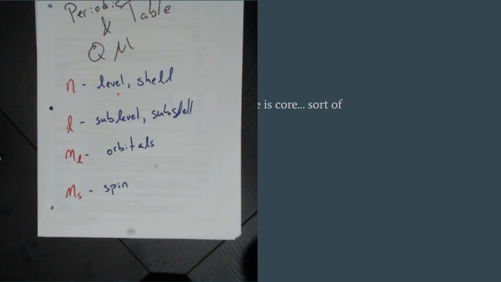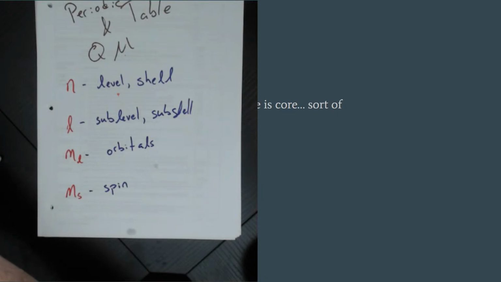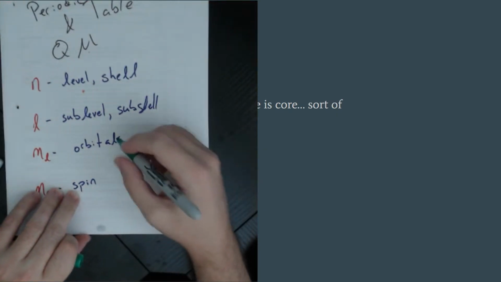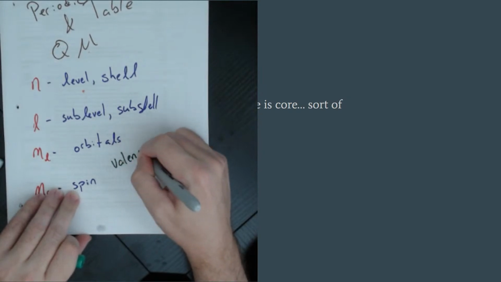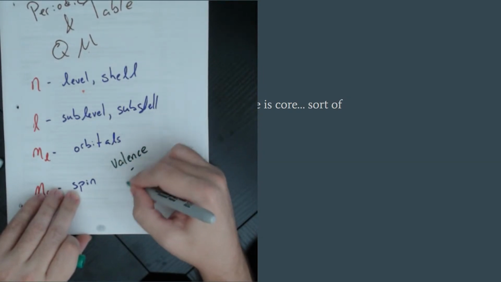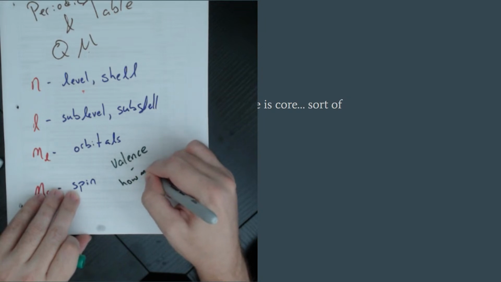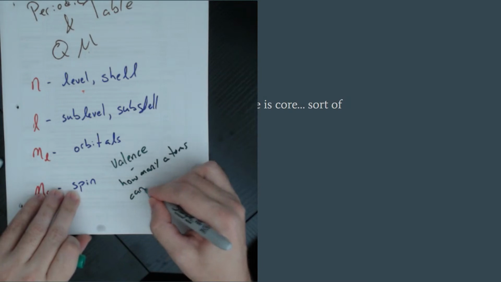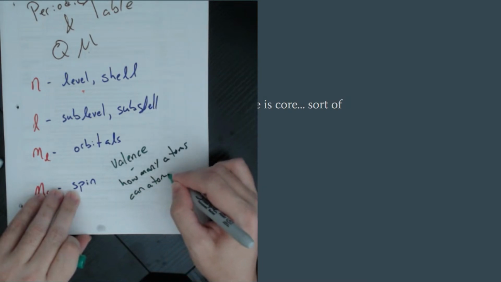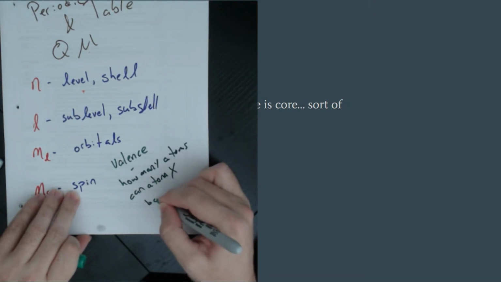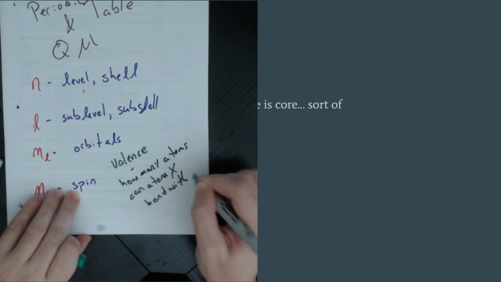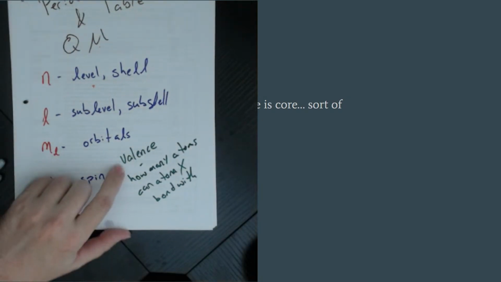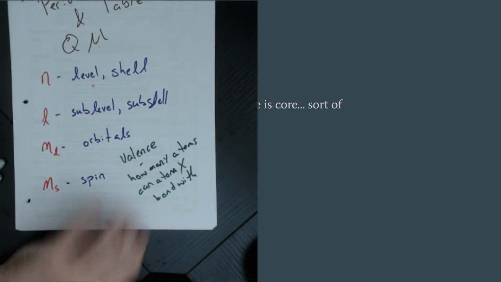We also encountered the term valence back in chapter 1 when we were talking about the discovery of the periodic table. Valence originally meant how many atoms can atom X bond with.